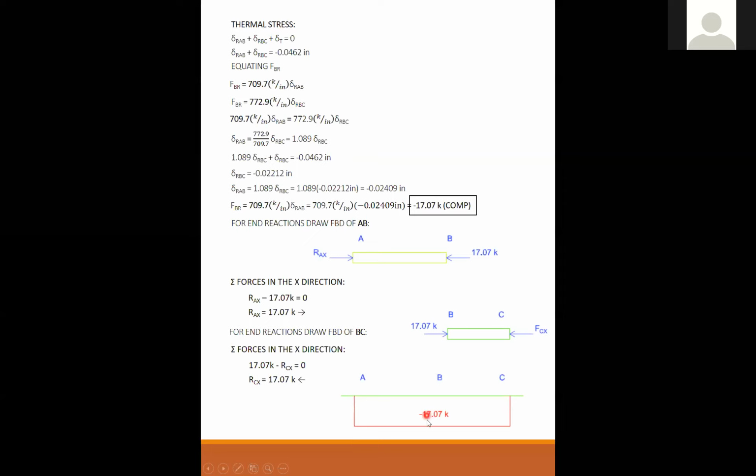Now that you know what the force is from A to B, you could use the delta equals PL over AE equation to find the actual deformation on this rod. Then you could do the same thing for B to C and see what the deformation is on that rod. That would give you where B is in the middle.